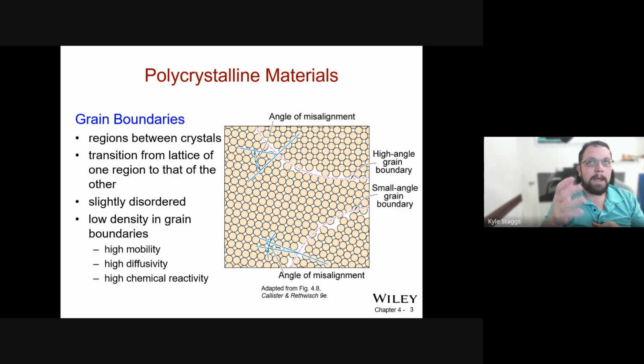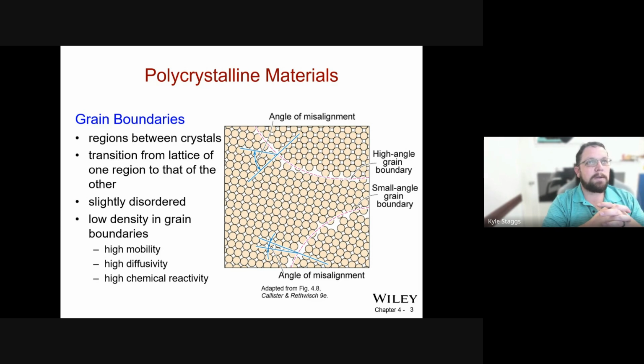The high angle may actually have less open space than the small angle. It's going to depend on what the specific angles are that you're comparing. These regions are transitioning from the lattice of one to another, and there's going to be disorder at that boundary always.